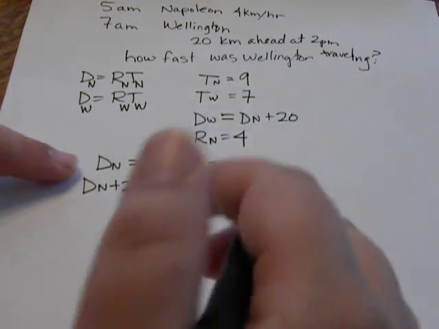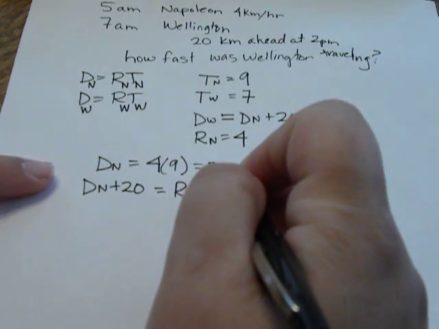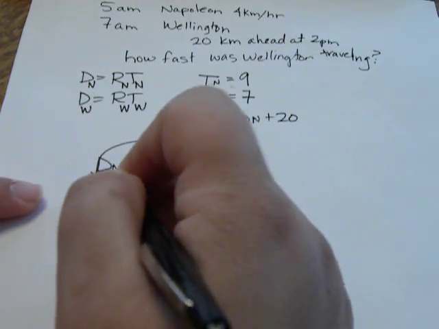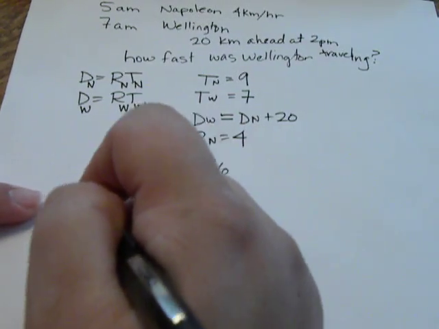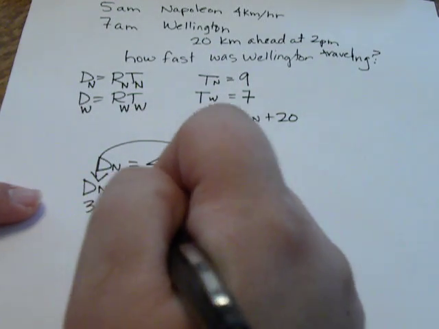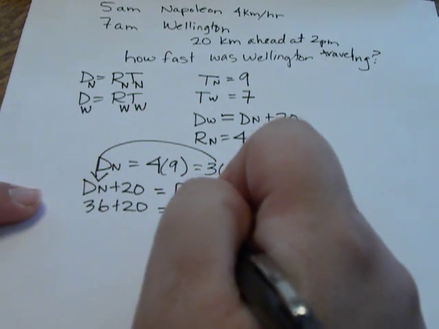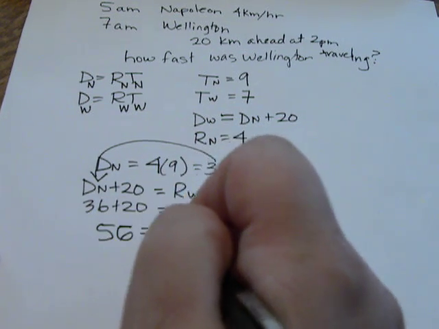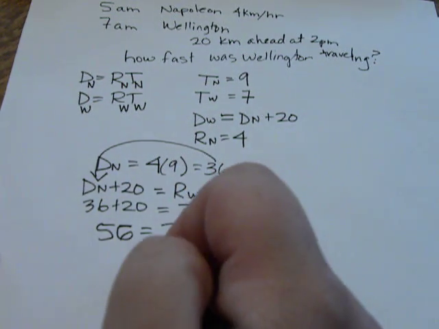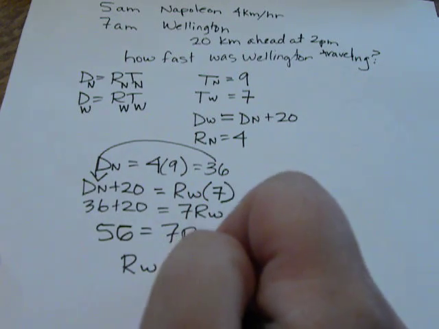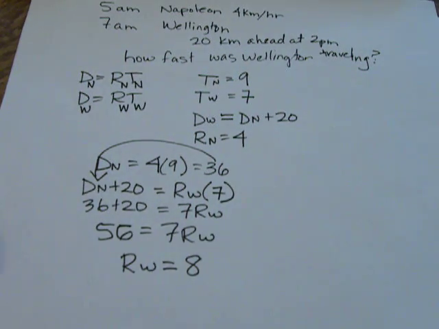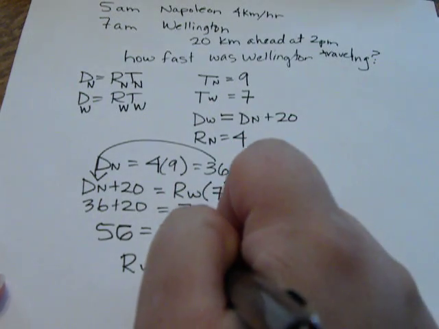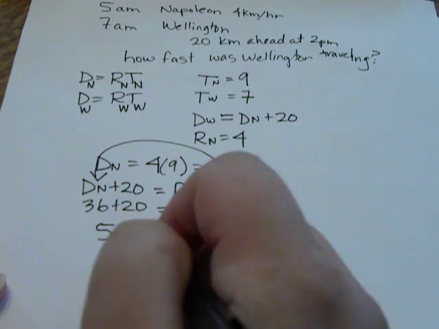We know distance of Napoleon was 36, so 36 plus 20 equals 7 r sub w. So we get 56 equals 7 r sub w. So r sub w is 8. 7 times 8 is 56. So the rate of Wellington was 8 kilometers per hour.